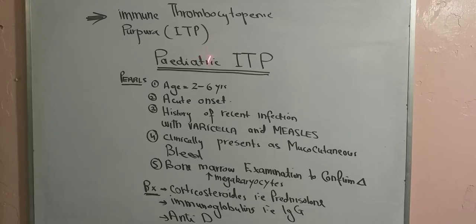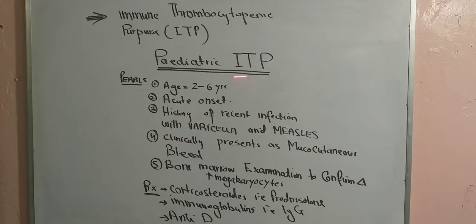Talking about immune thrombocytopenic purpura in children, or pediatric ITP, most of the time these are patients in the age range of 2 to 6 years, and it has an acute onset, with a history of recent infection with varicella or measles. Clinically, these patients most of the time do not present with life-threatening hemorrhages, but they do come with mucocutaneous bleeding, which can sometimes be very brisk.